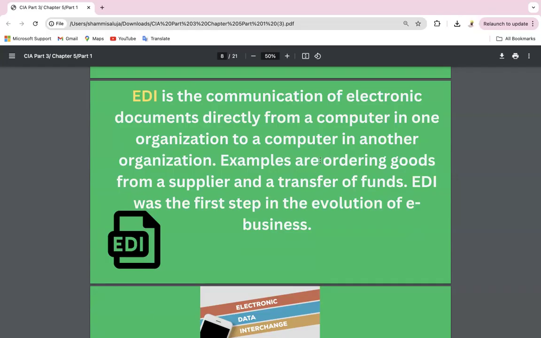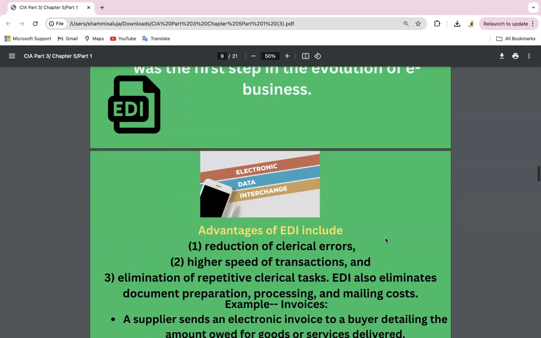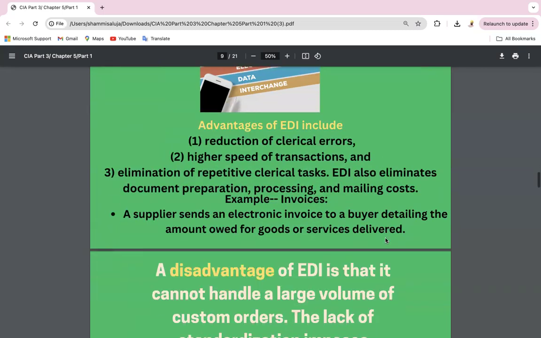For example, you are ordering goods from a supplier, and obviously you are transferring funds, because of which the supplier is going to give you the goods. So before EFT, that is electronic fund transfer, electronic data interchange is the first step in the evolution of e-commerce business, right? Only the information is first electronically shared. Only after that, the operations are carried out.